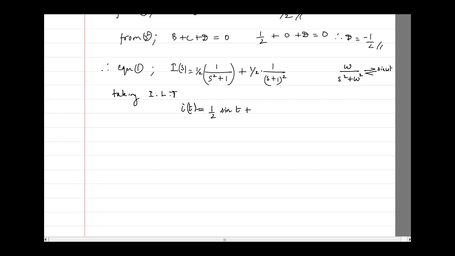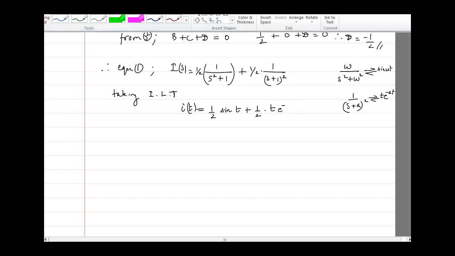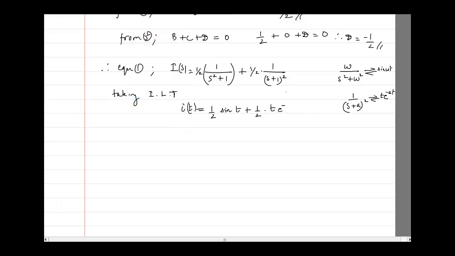Plus we already know 1 by s plus a the whole square, if I take the inverse Laplace, I will get t e raised to power minus at. So the second term is 1 by 2 into t e raised to power minus t, for t greater than 0.